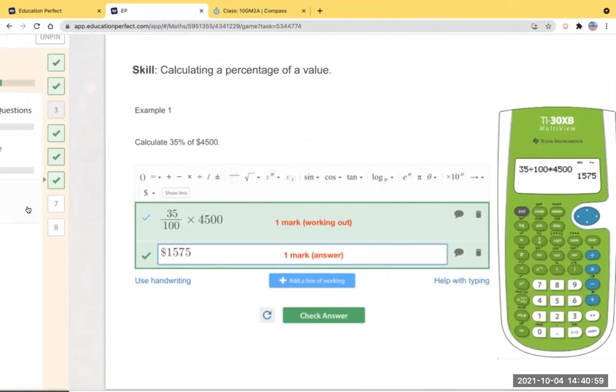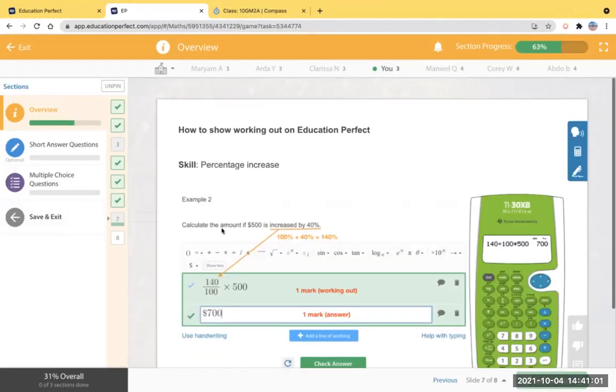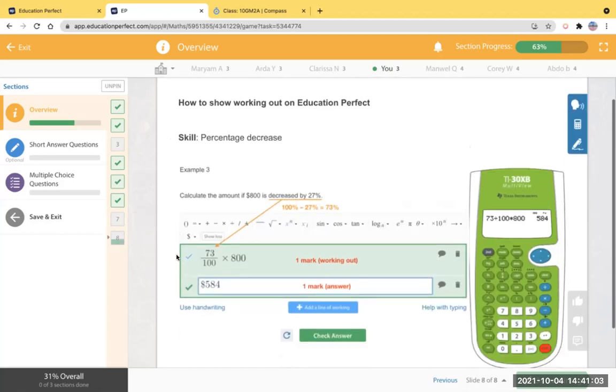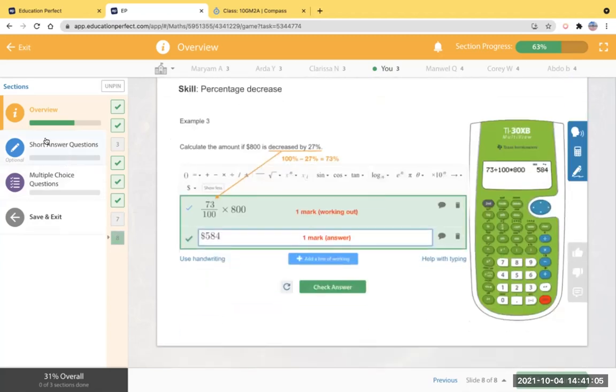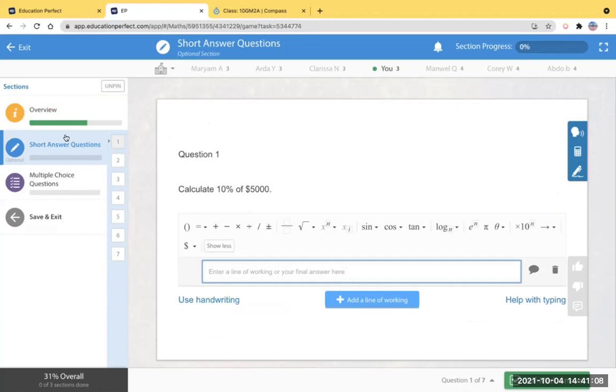So let's have a look at question number 7. Actually, let's go to short answers. There's a question here. How do we do this? We can type in 10%. The "of" turns into a times. And you type in 5,000.